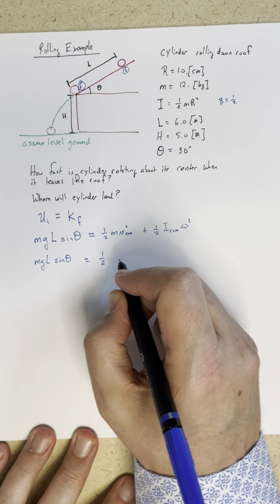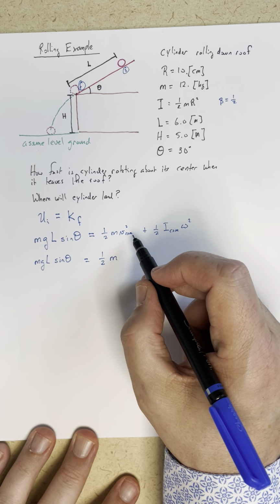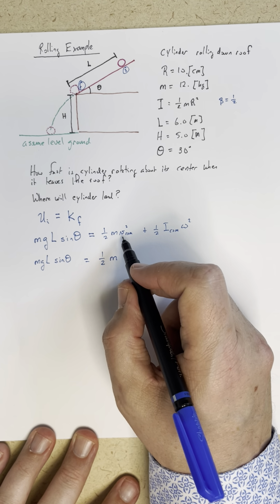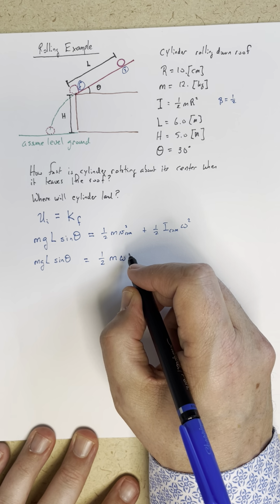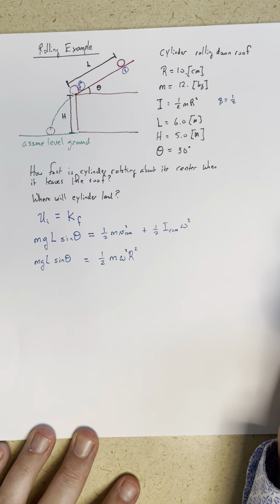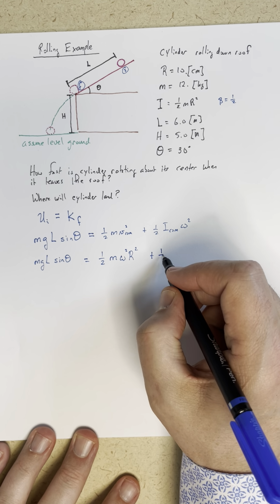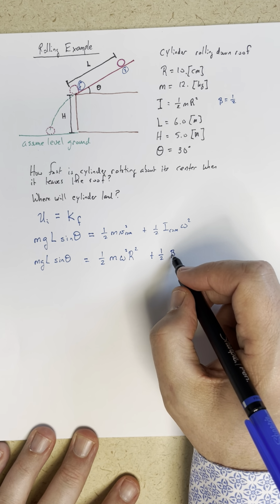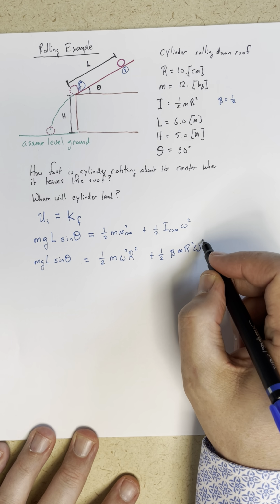I've got a half m with a smooth rolling condition. The speed of the center of mass is going to be omega times r, so v squared becomes omega squared r squared. Fill in what the rotational inertia is. We have beta m r squared omega squared.